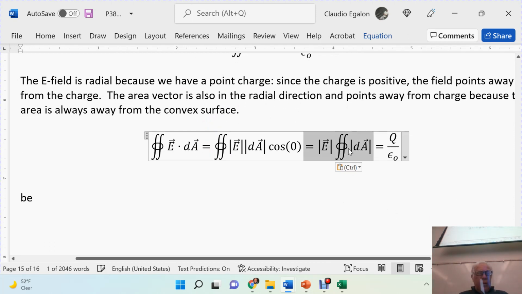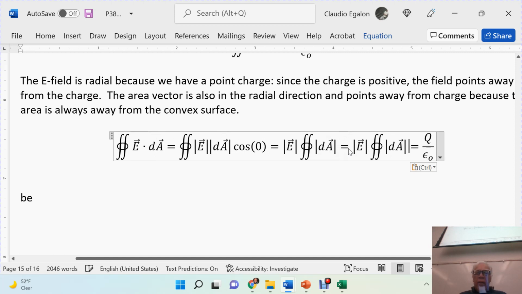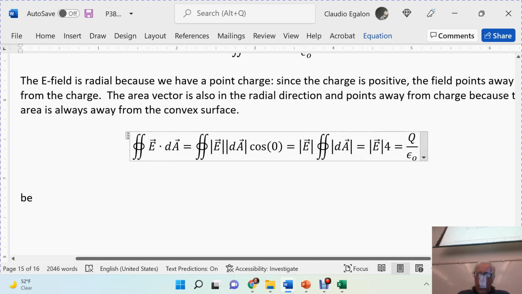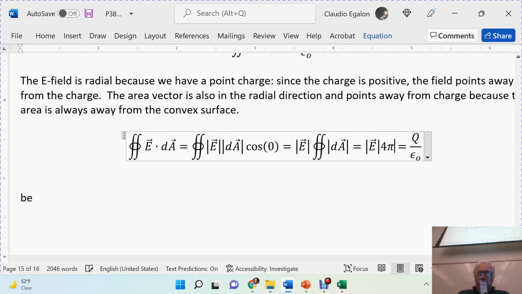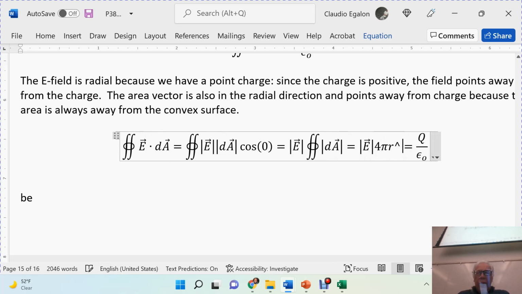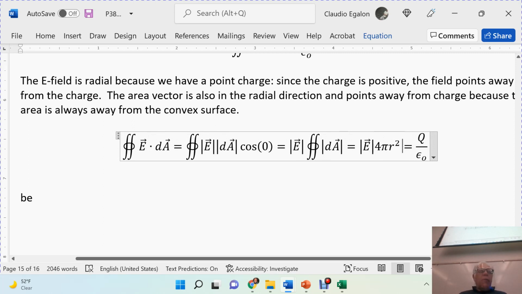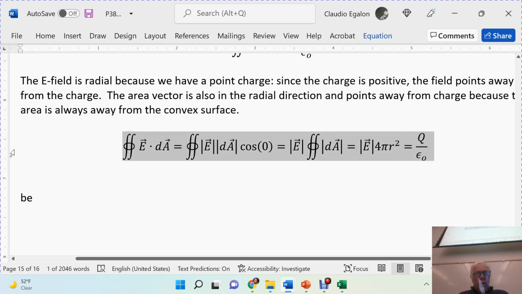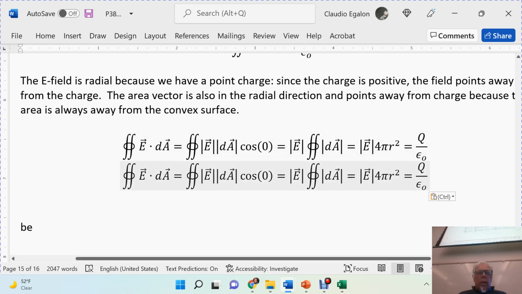The area of the surface enclosing the charge, we know that's going to be 4 pi lowercase r squared. And now with this equation, we can finally determine Coulomb's law from Gauss's law.